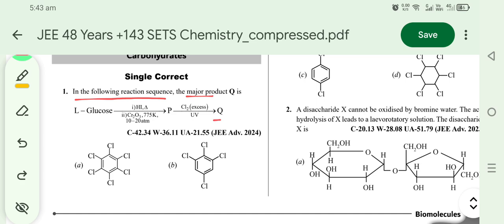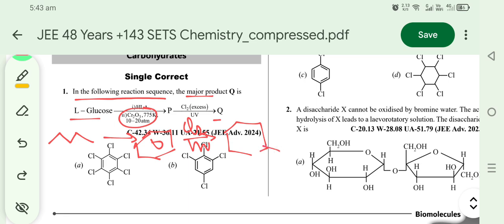Initially, glucose with HI gives n-hexane. n-Hexane with chromic oxide undergoes aromatization, hence hexane is converted to a benzene ring. That benzene reacts with Cl2 in light, involving an addition reaction, and gives benzene hexachloride. In benzene hexachloride there is no unsaturation, and it is present in D.